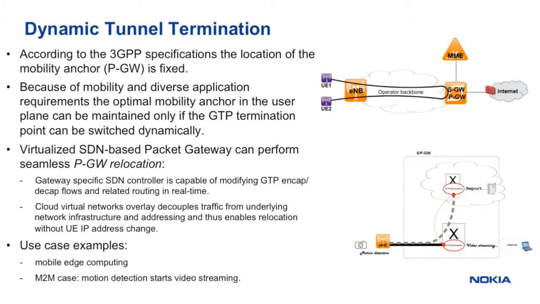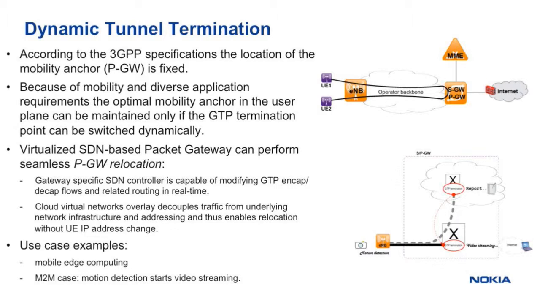Because of mobility and diverse application requirements, the optimal mobility anchor in the user plane can be maintained only if the tunneling termination point can be switched dynamically. According to the current 3GPP specifications, this is not possible. But if you have this kind of virtualized SDN-based packet gateway, this kind of P-gateway relocation is possible.